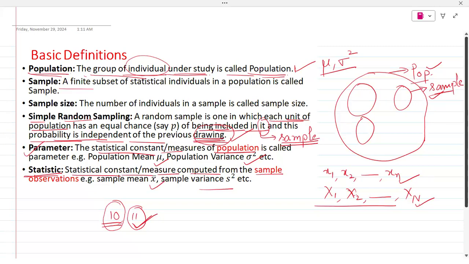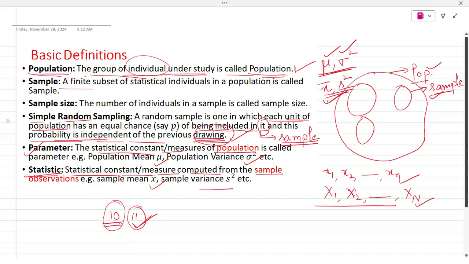Mu and sigma square are statistical constants associated with the population. And X bar, the sample mean, and small s square, the sample variance, are also statistical constants, but they are associated with the sample. So I will call these statistics.